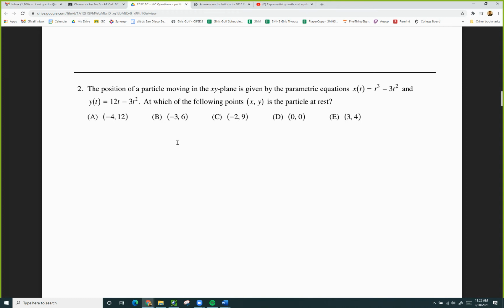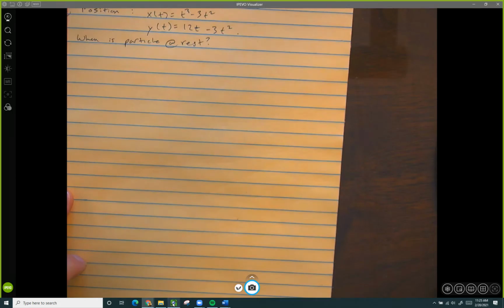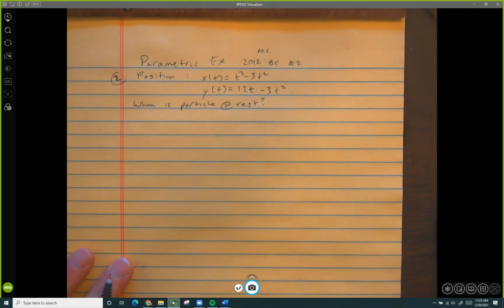When is the particle at rest? All right, I think I've paraphrased the question good enough. We have a position of a particle determined by those individual x and y coordinates.